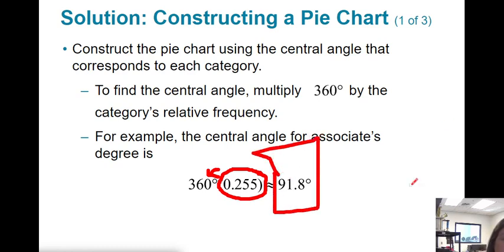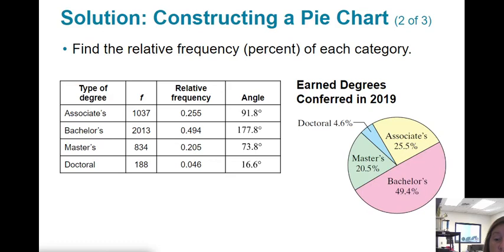You can use a protractor if you're doing this by hand precisely, but whenever we do it on a computer, it automatically calculates it. After you look at your relative frequency and multiply every single one of these times 360, these are the angles that you'll be splitting it up into.